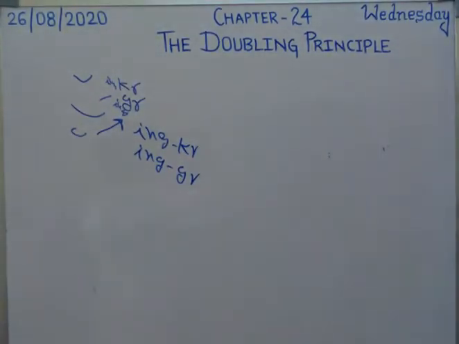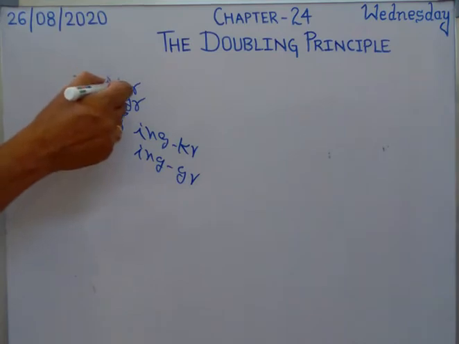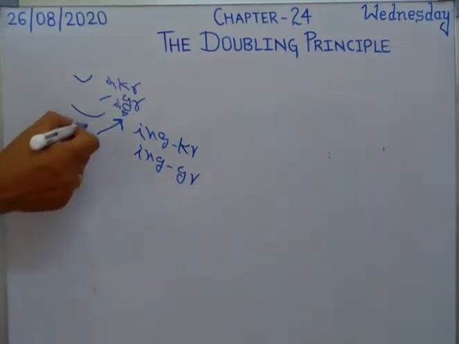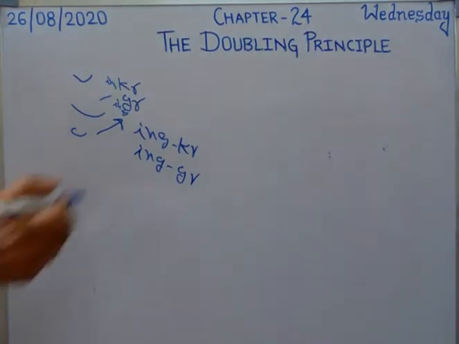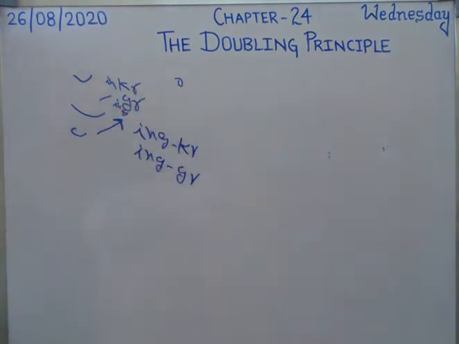Now, let us see when we have to use the hooked form of inker and inger, and when we have to use the double end form of inker and inger. When a word begins with a circle, then we have to use the double end form of inker and inger.